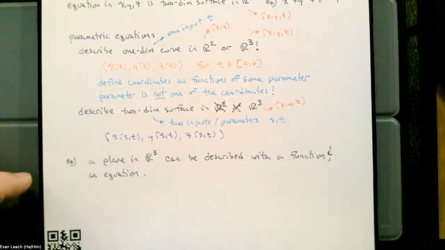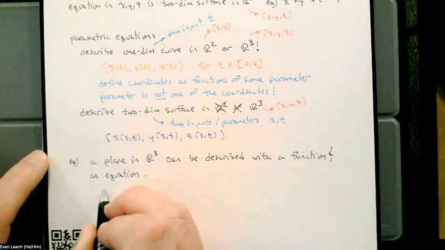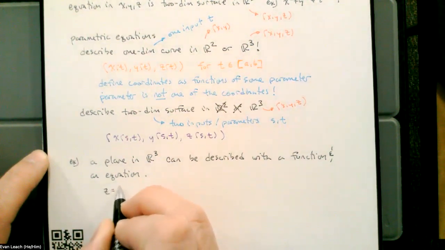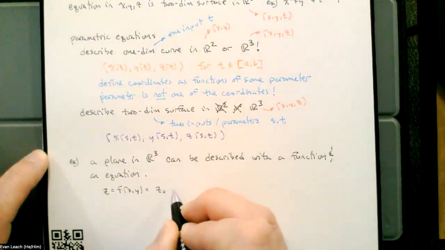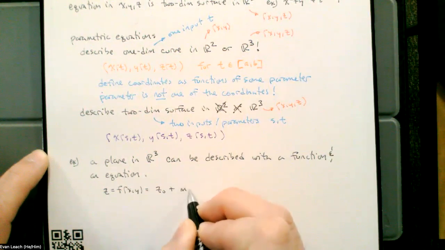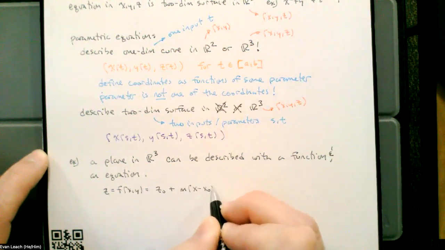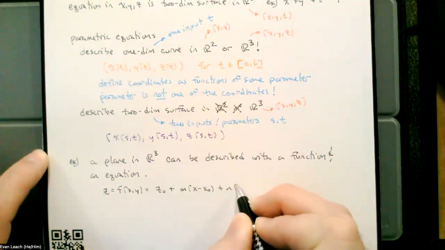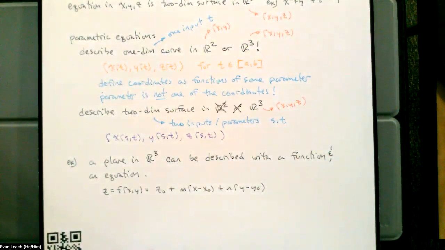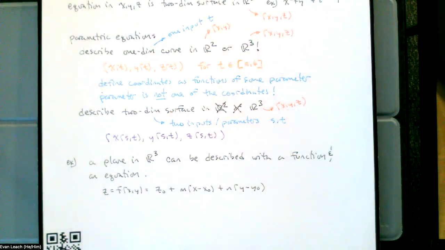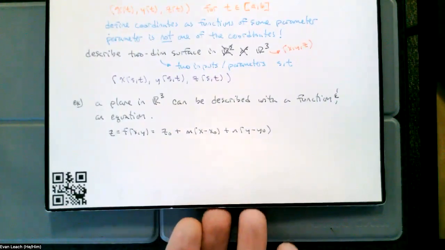When we write the function, this is the function form that we had: z naught plus m times (x minus x naught) plus n times (y minus y naught).